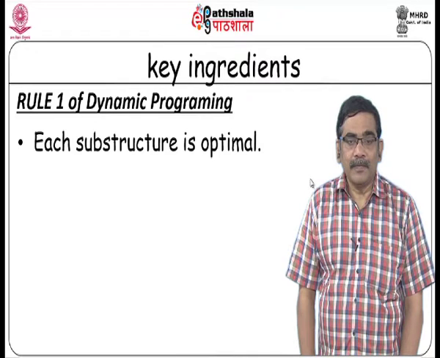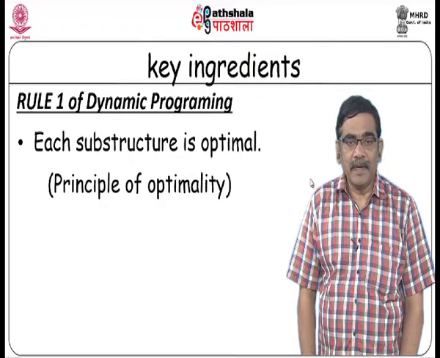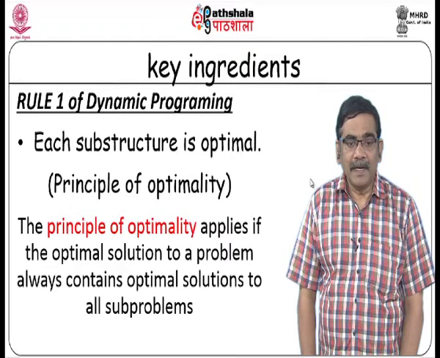So, the rules we have seen: each substructure is optimal. Principle of optimality: we stress that any solution to the given problem contains a solution for the problems that are contained in that.